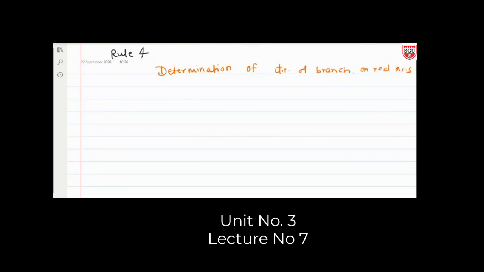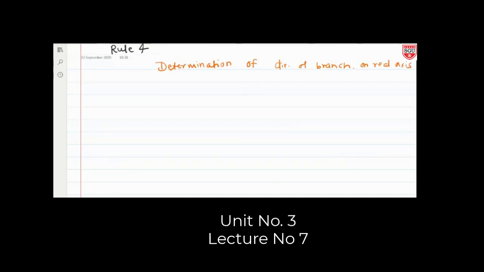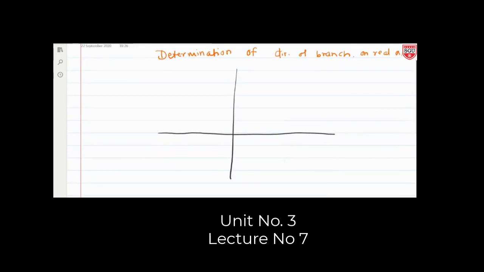Means what? Let's see with an example. This is the jw axis, and this is our real axis. For example, there are two poles. Here is one pole, here is another pole, and here is a zero. Suppose we have this condition. We have found poles and zeros in this manner and just marked them on the axis.